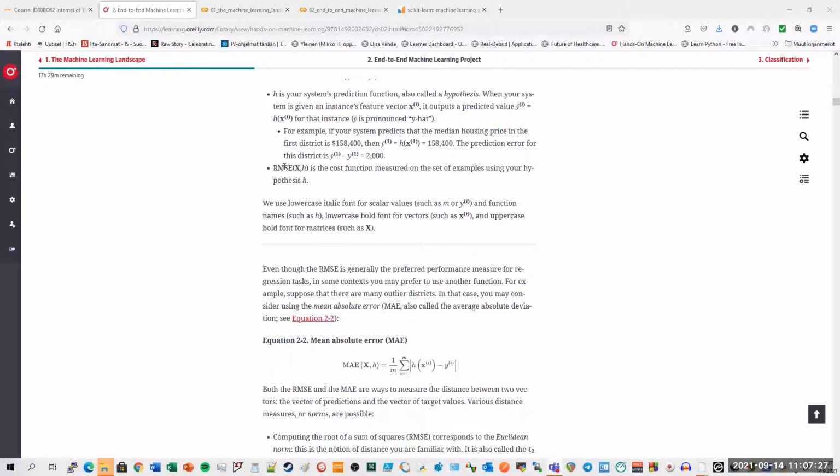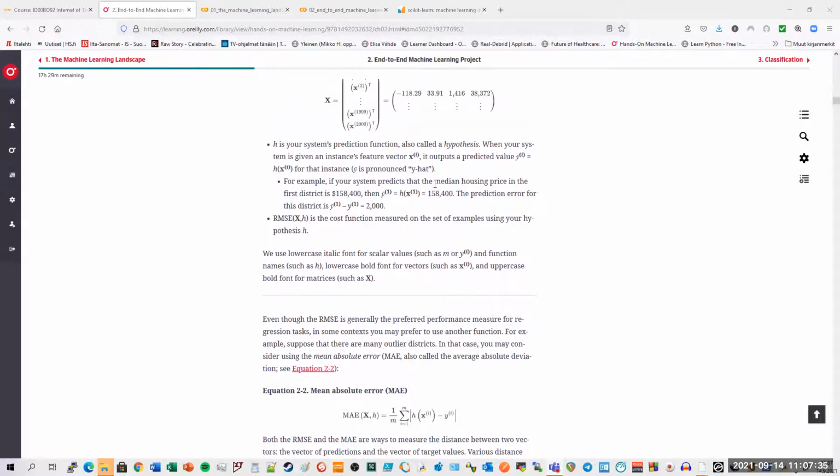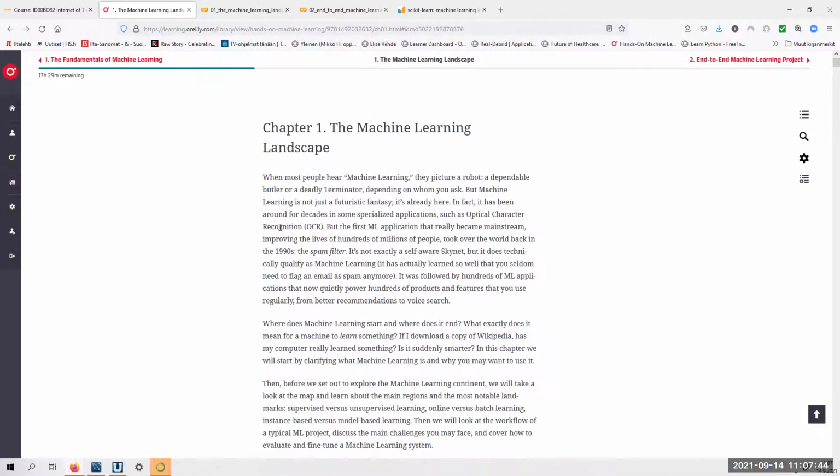And the RMSE is the cost function, so this should be minimized. So it varies the function's parameters so that it minimizes this.